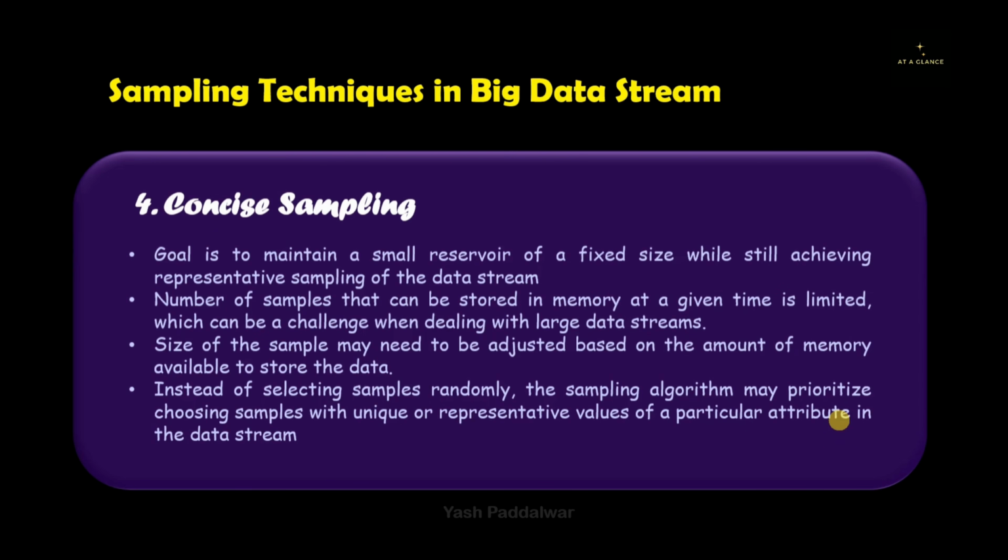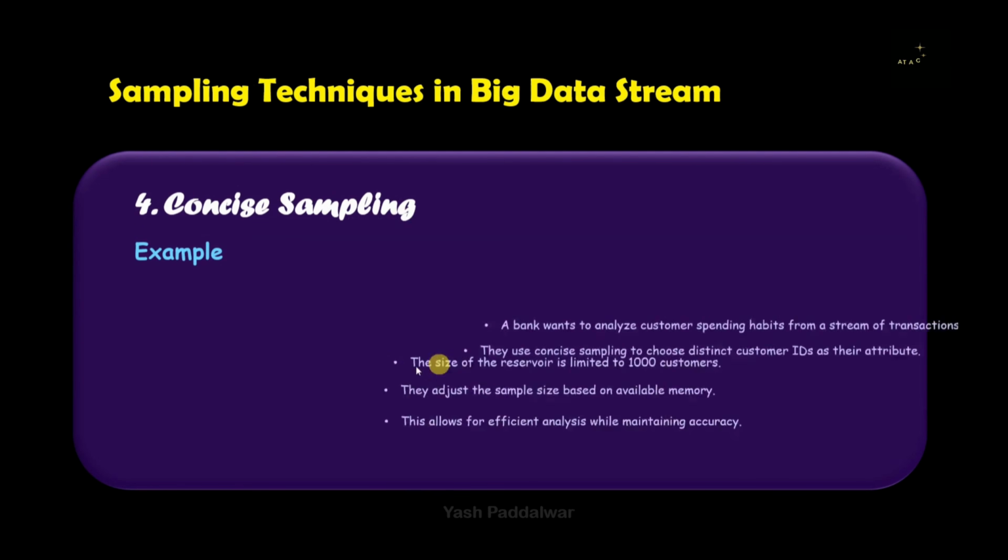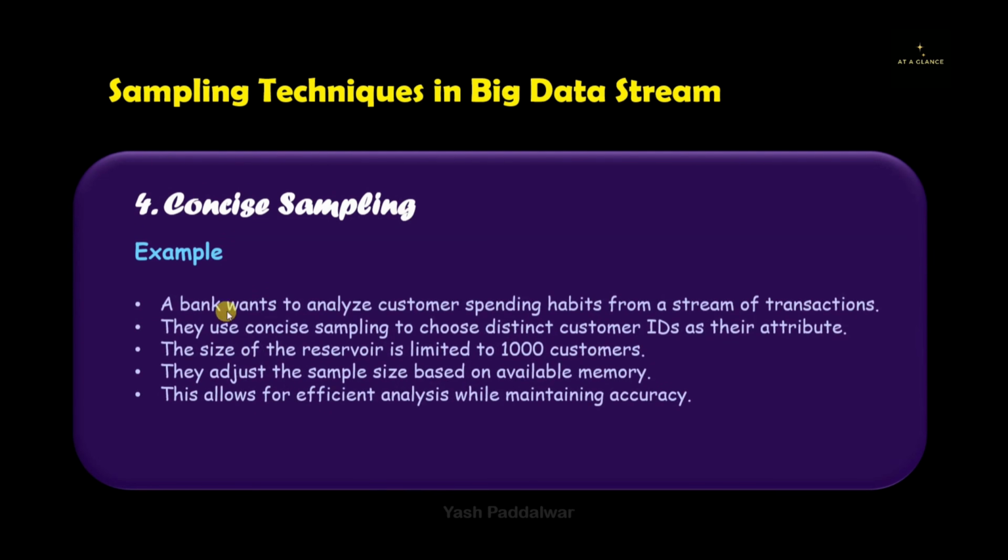For example, if we have big data with many repetitions of distinct elements, then we can choose all the distinct elements from the entire streaming data and put those distinct elements into a single sample. Because of this, the original characteristics of the entire streaming data will be retained in the sample, and even if it is of a fixed size, it is going to represent the entire streaming data. So I hope you have got an overview of the concise sampling technique.